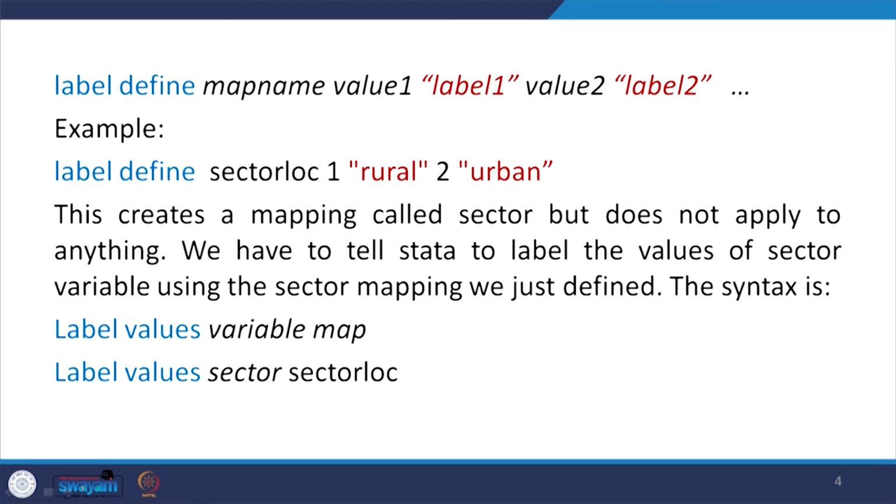Here in our example it is sector, sector location, and sector data like rural, urban we discussed already. We have to tell Stata to label the values of the sector variable using the sector mapping we just defined. The syntax is in front of you, we will also provide it.